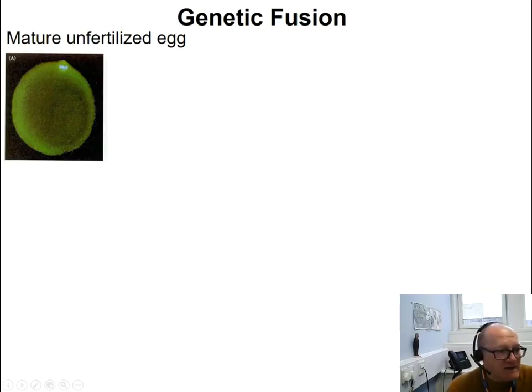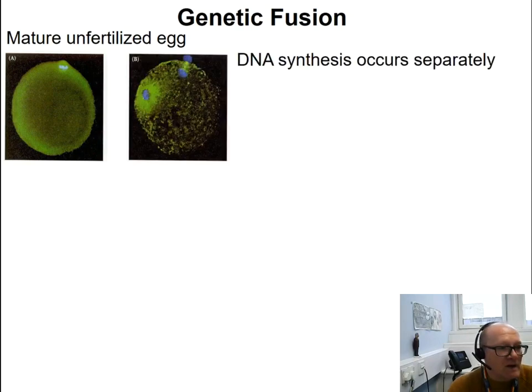You can see this bulb there that represents a forming polar body. So we have a secondary egg at the beginning of meiosis 2. Immediately after fusion of the membrane of the sperm and the egg, we can recognize here the point of entry of the DNA of the sperm.